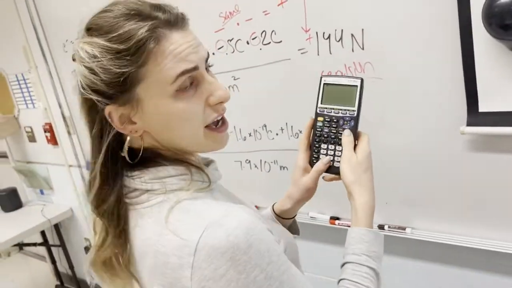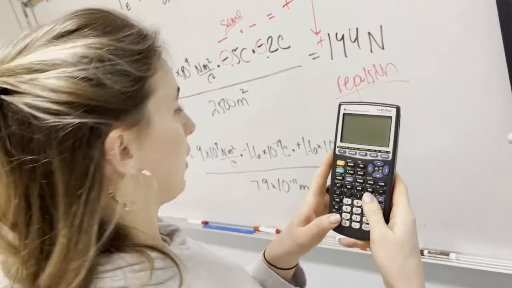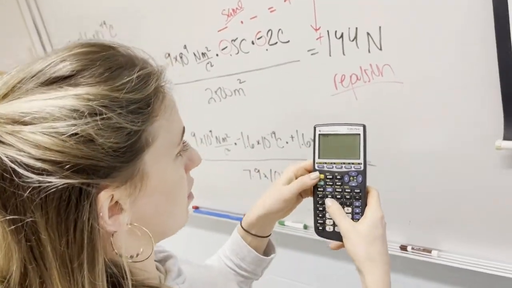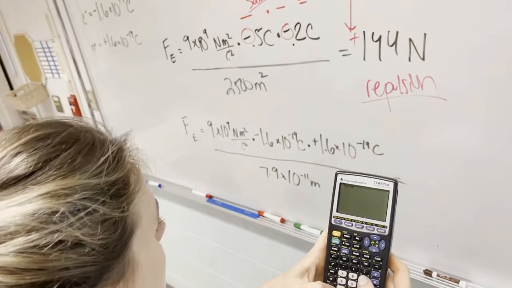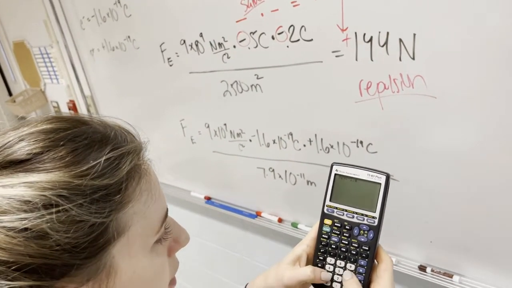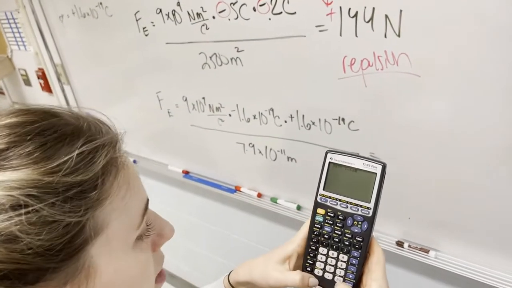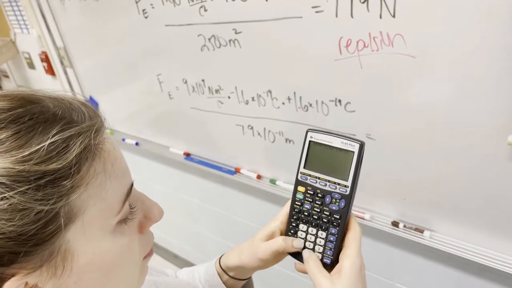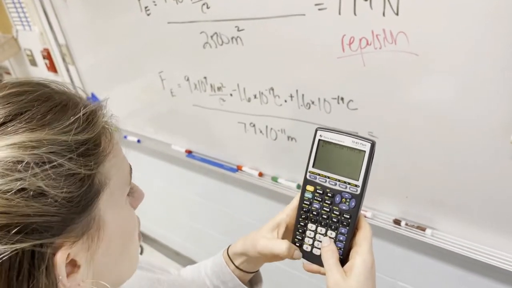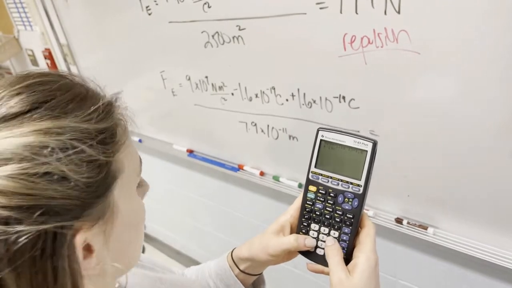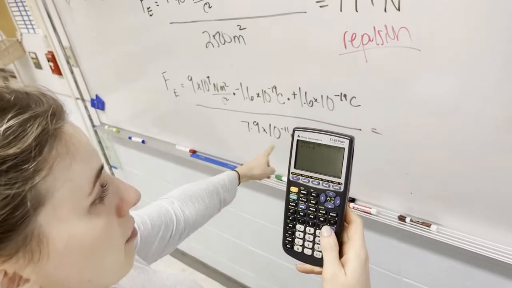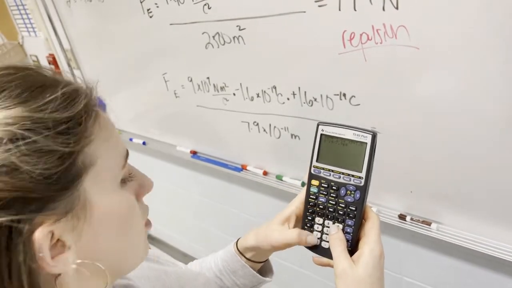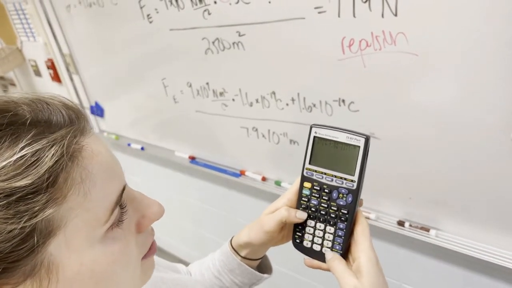So let's see. Can you see my screen okay here? Okay, so I'm just going to plug and chug in here, no parentheses. So 9e to the 9th times negative 1.6e negative 19 times 1.6e to the negative 19 divided by, I forgot to square that on the bottom, you guys, 7.9e to the negative 11th, and I'm going to square that.